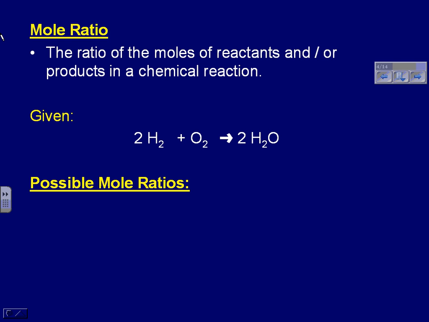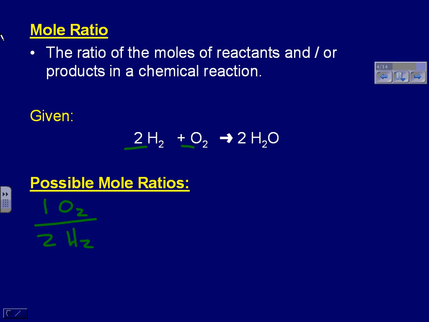For the mole ratio, the numbers that we're going to use in our ratio come from the coefficients of the balanced chemical equation, which means I could have a mole ratio that relates oxygen to hydrogen. For every 1 oxygen molecule, 2 hydrogen molecules are also needed. That's a conversion factor. That will convert my hydrogen to oxygen.